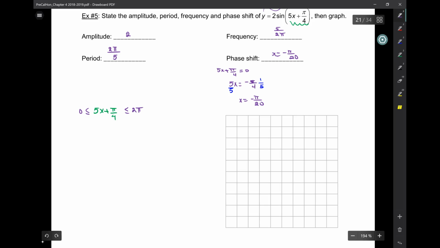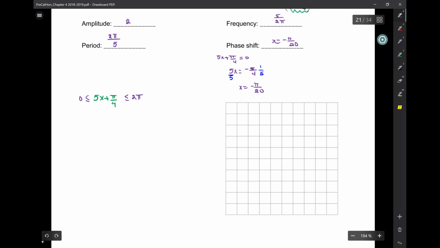Now we're going to solve this. So subtract pi over 4 from everywhere. We get negative pi over 4, 5x. Okay, here, my shortcut to doing this, did I tell you guys this before? I don't remember. Whole number added or subtracted to or from a fraction. So whole number and a fraction.